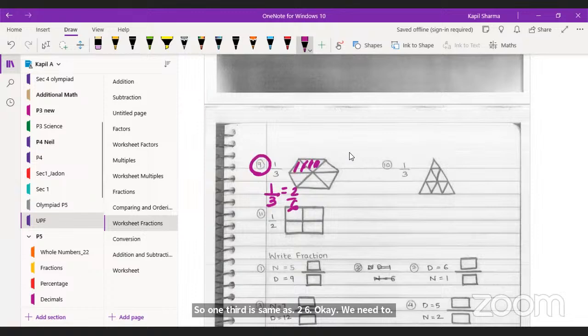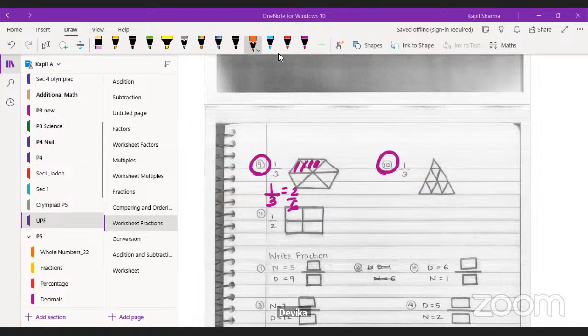Yes, correct. Now next one, question number 10. Guys, try this. Others, Mitlesh, Swastik, Devika. Question number 10. Devika, 3 out of 9. 1, 2, 3, 4, 5, 6, 7, 8.